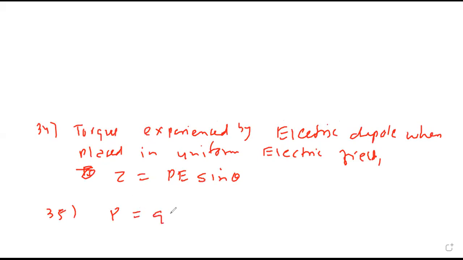P means Q into 2A or 2L, which is called electric dipole moment.